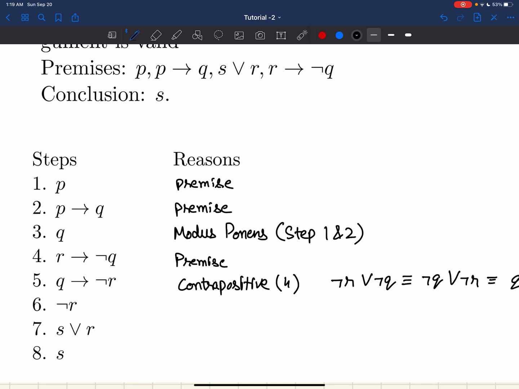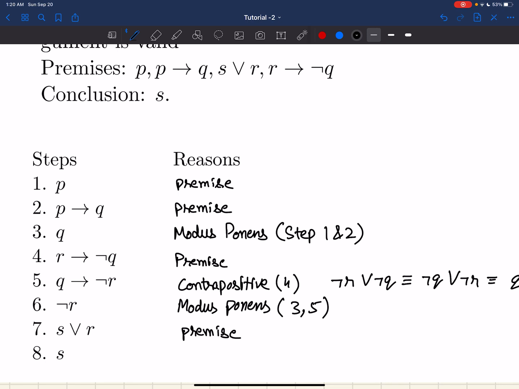Okay, so our fifth step is Q implies not R, and from the third step you have Q. So using modus ponens again, for 3 and 5 we arrive at not R, and we are given that S or R, which is a premise. So in step 6, we got that R is false.